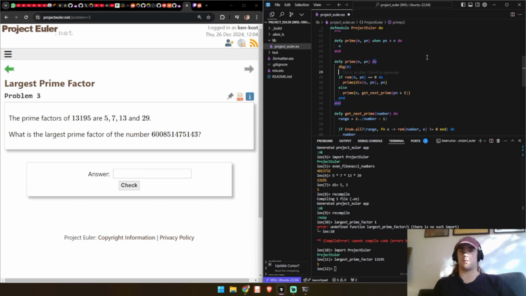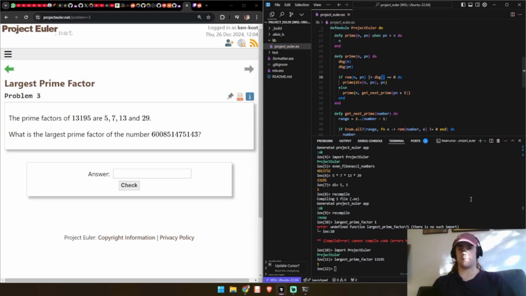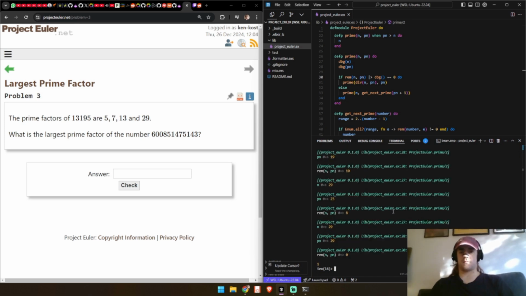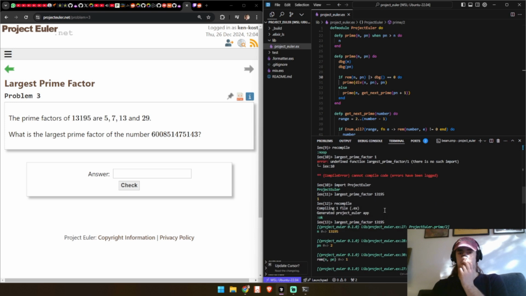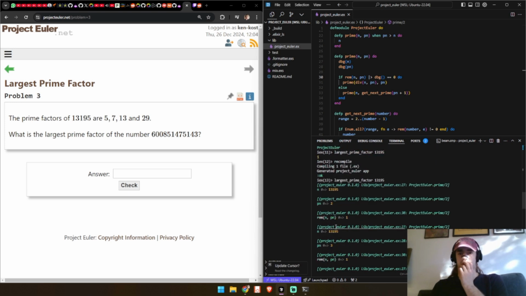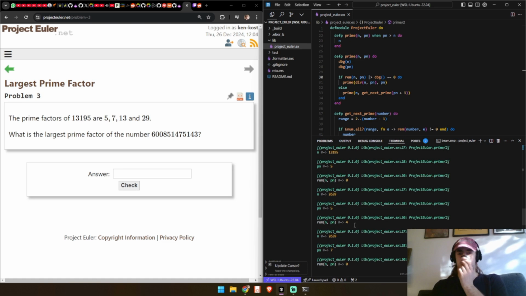Debug the end. Find out what it is, and then find out what the remainder is. Alright. Got 2, remainder is 1. 3, remainder is 1. 5, remainder is 0, that's good. Remainder is 4.